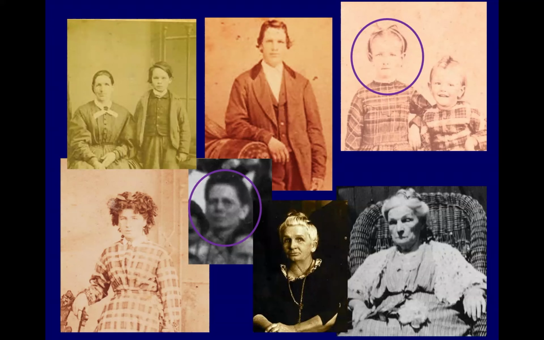He always had a piece of hair that was sticking straight up. And I can see that in the photo of him as a 7 or 8 year old. I can see that in the photo of him as a teenager, and certainly in the photo with him as an infant. Same thing with Marion. I look for those eyes, right? Those piercing eyes that I can see from photo to photo to photo as she ages. The last photo of Marion, she's blind by this point. She can no longer see, but still that same expression. So you're looking for those similarities to help you start to identify people.